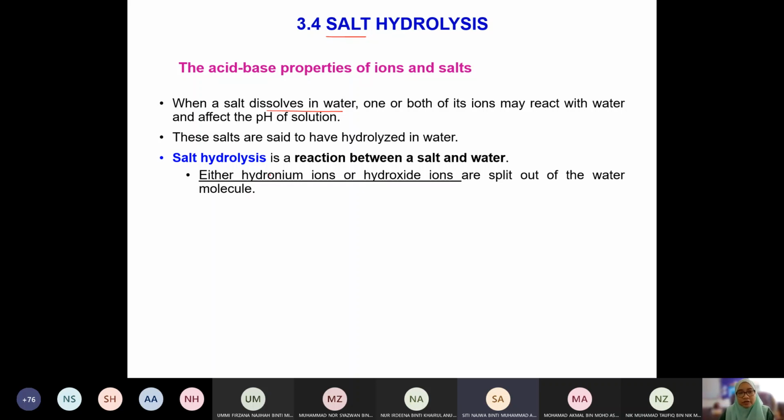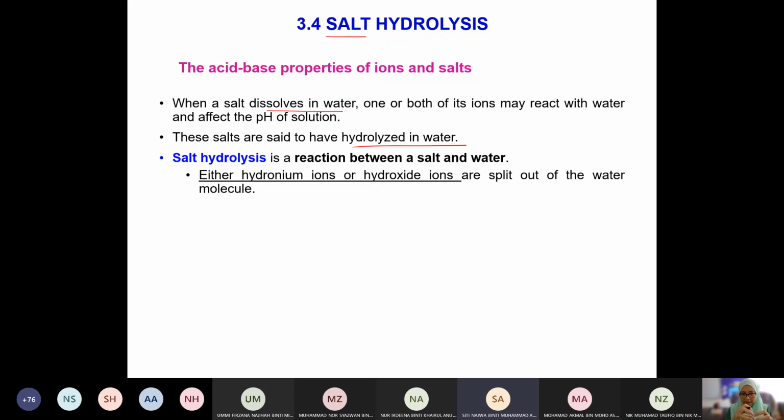Okay, so these salts are said to have hydrolyzed in water. Hydrolysis is when the components, or the ions, of the salt react with water. The components I'm talking about dissociate and produce ions. One of the ions will have a higher tendency than the other ion to react with water.